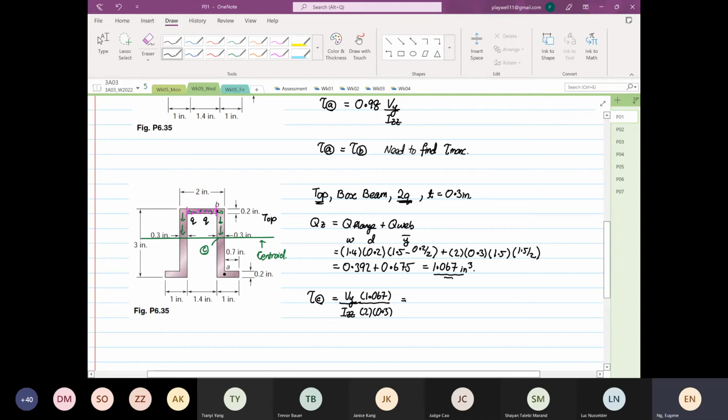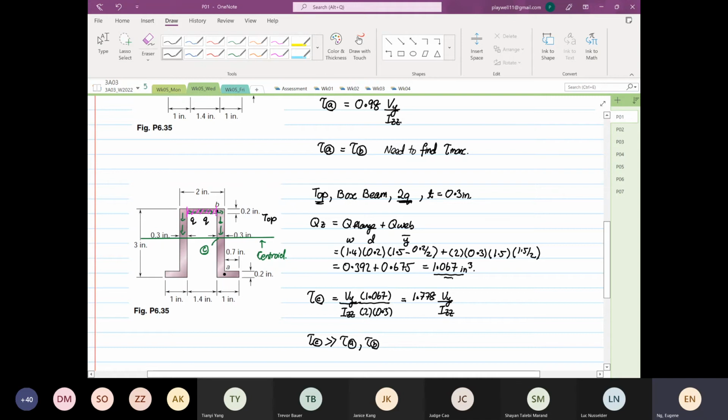So this is equal to 1.067 divided by 2 divided by 0.3 is equal to 1.778. 1.778 Vy over Izz. Okay. So from here, we realize that the shear stress at point C, right, is greater than what? It's greater than shear stress at point A and the shear stress at point B.